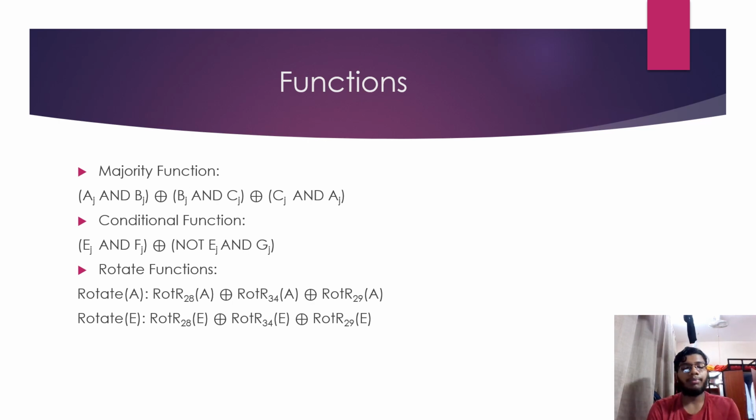Conditional will return based on your E. If it is true, it will give us F. If E is not true, then it is going to give us G. Then there are 2 rotate operations which we saw: rotate A and rotate E. How much are we rotating?